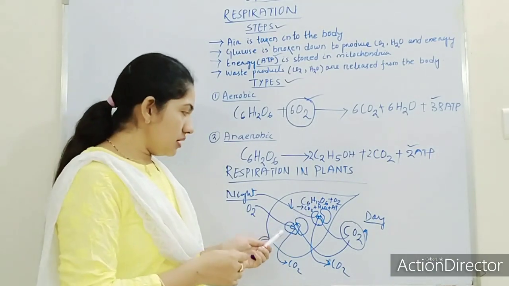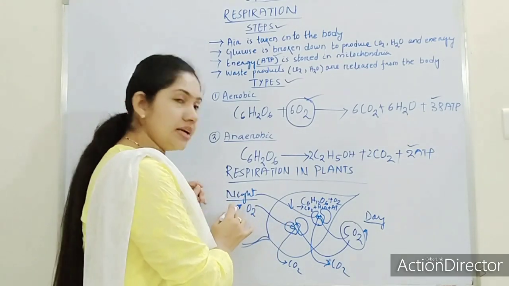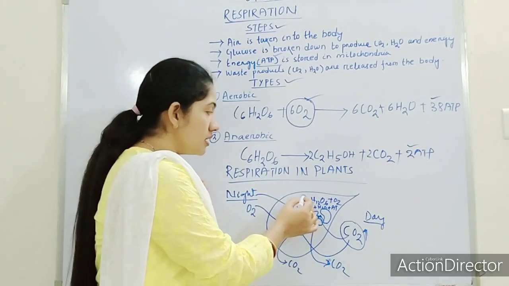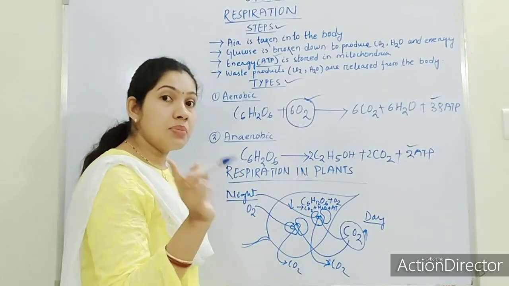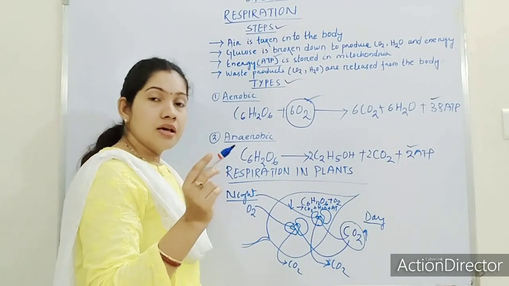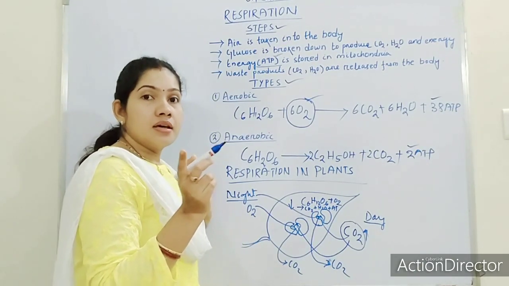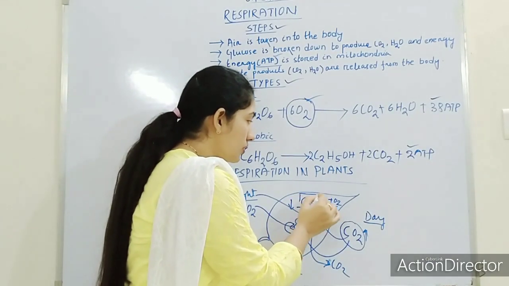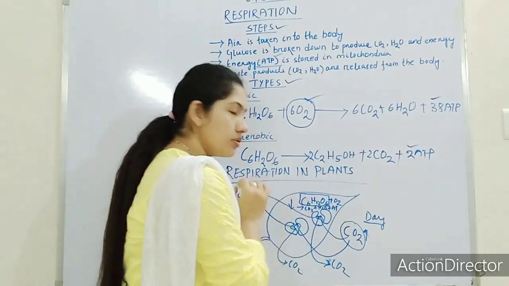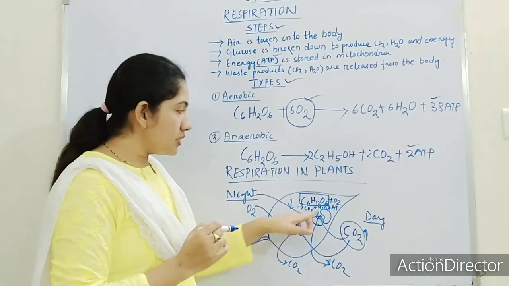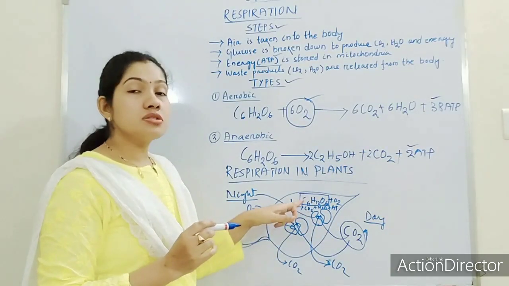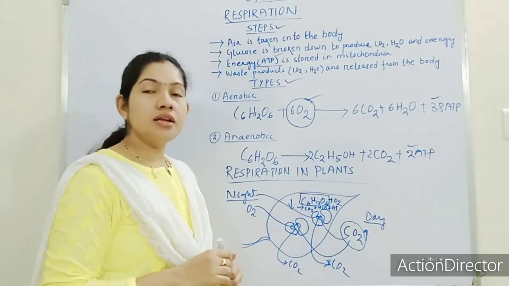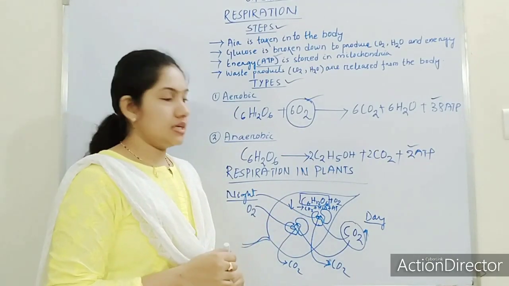So here, during night time what happened? The leaf will take oxygen inside, and the stored glucose that they prepared during daytime by photosynthesis, when it breaks down in presence of oxygen, will form carbon dioxide, water, and ATP.